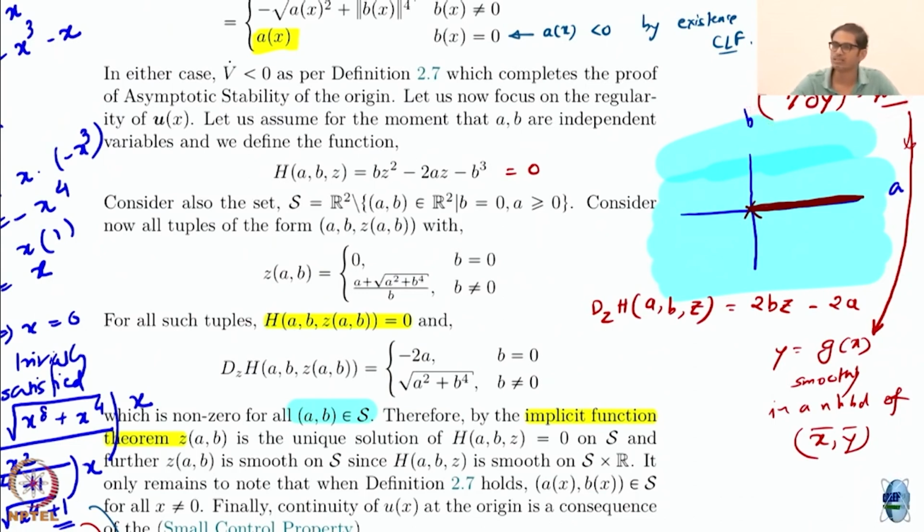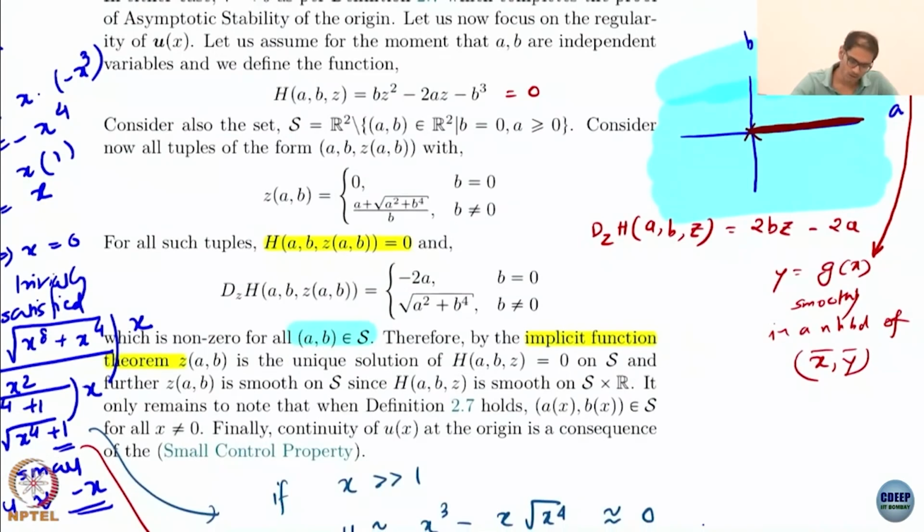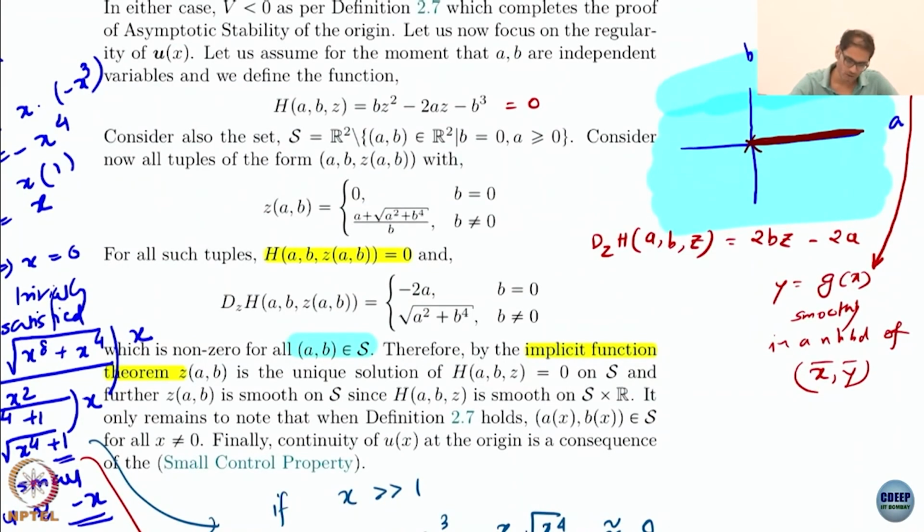Full rank, in this case, is just non-zero, since the Jacobian is a scalar. So full rank is non-zero, and it is. So I can immediately invoke the implicit function theorem to say that z(a,b) is the unique solution. Further, z(a,b) is smooth.